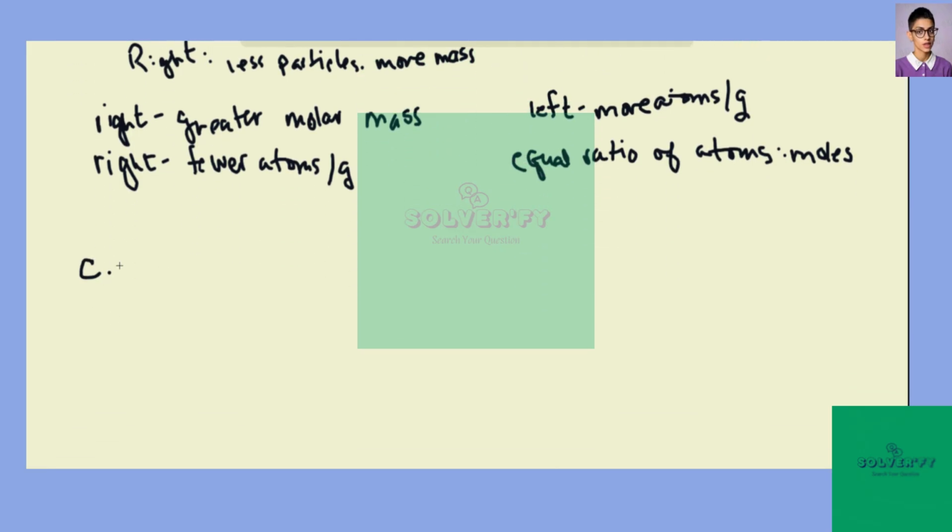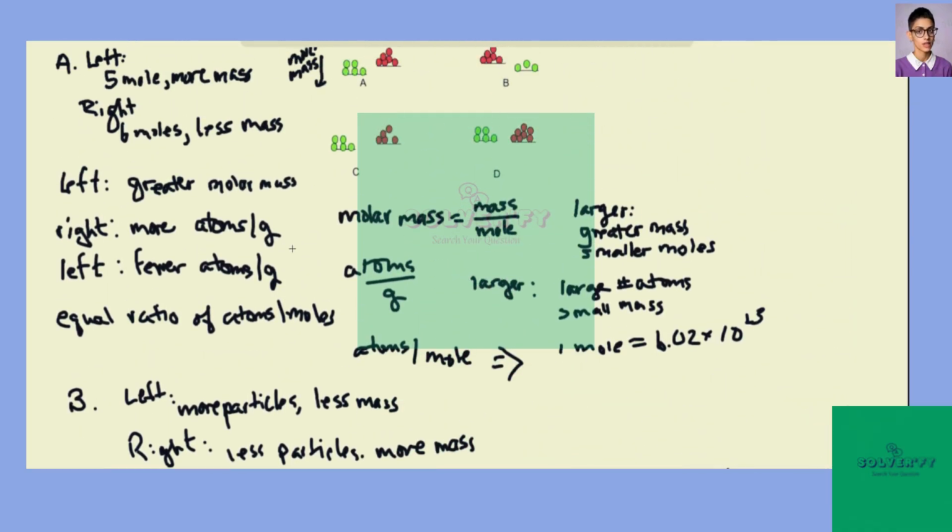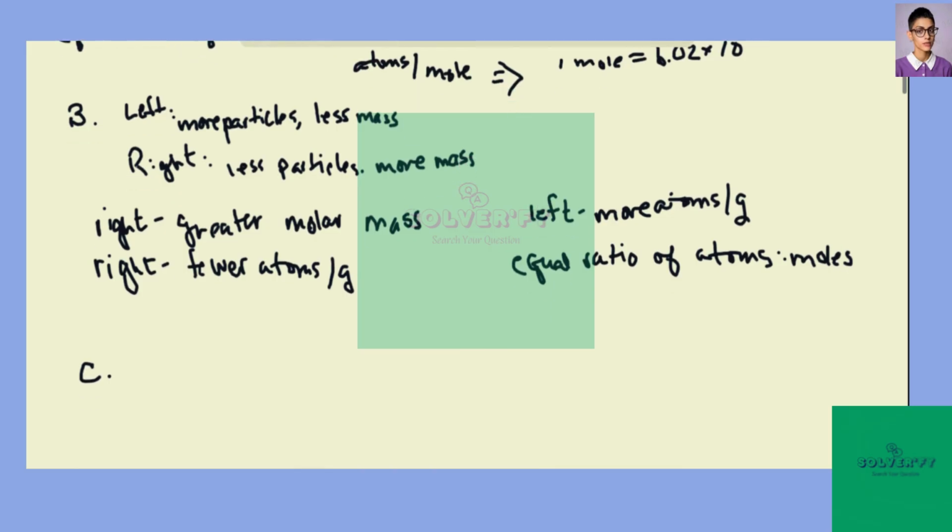If we look at our third example, C, you can see here that they both have the same number of particles, but the one on the right has less mass.